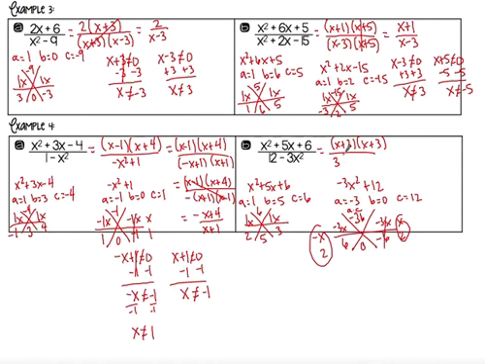So this is going to be 3 times negative x plus 2 and positive x plus 2. So my x plus 2's will cancel, and that will give me x plus 3 over 3 times negative x plus 2.